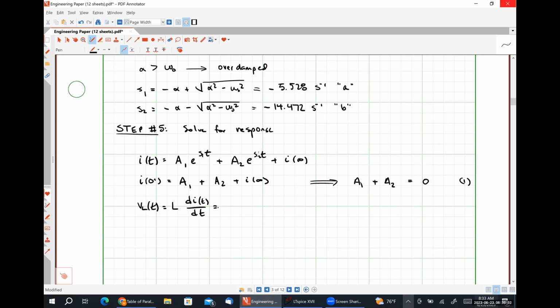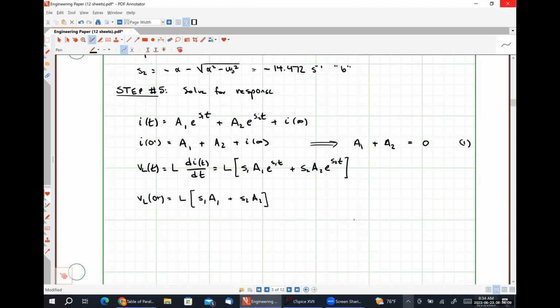And if we look at our table, that's just going to be L times S1 A1 e to the S1t plus S2 A2 e to the S2t at t is equal to 0 plus. This reduces to L times S1 A1 plus S2 A2.